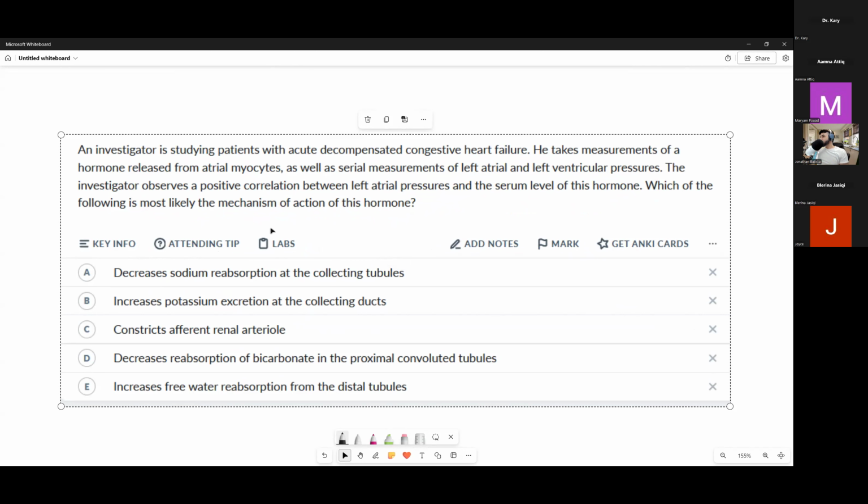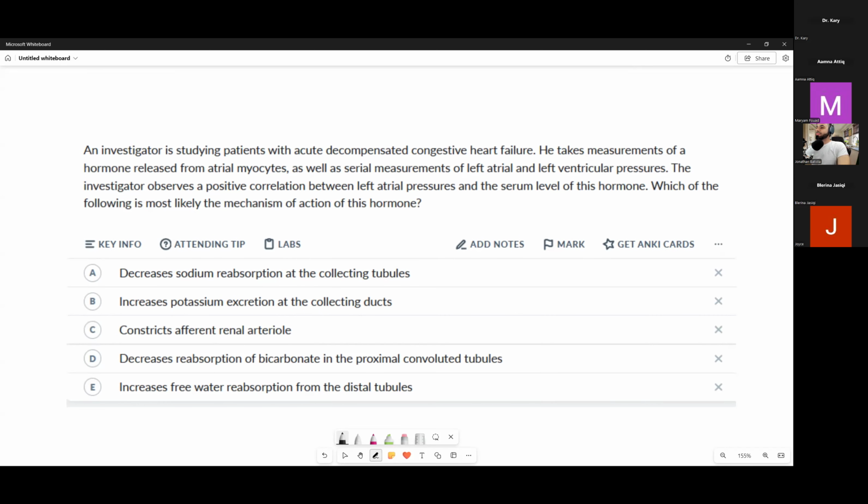Which of the following is most likely the mechanism of action of this hormone? An investigator is studying patients with acute decompensated congestive heart failure. He takes measurements of the hormone released from atrial myocytes as well as serial measurements of left atrial and left ventricular pressures. The investigator observes a positive correlation between the left atrial pressures and the serum level of this hormone.